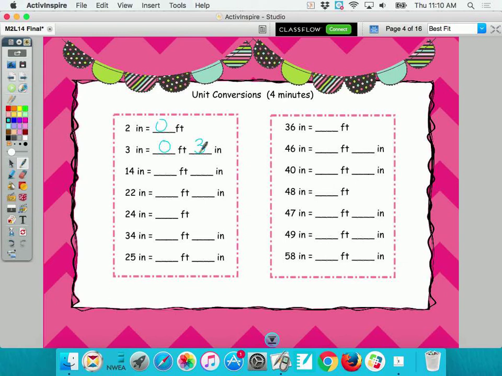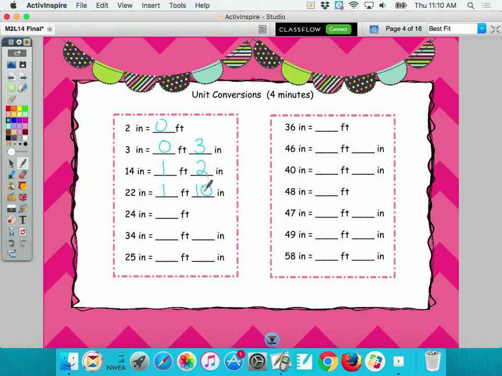So 14 inches. 1 foot and 2 inches. Now here's what I did in my head. I did 14 minus 12. How many are left over? Okay? So 22 minus 12 is 1 foot. How many are left over? 10.